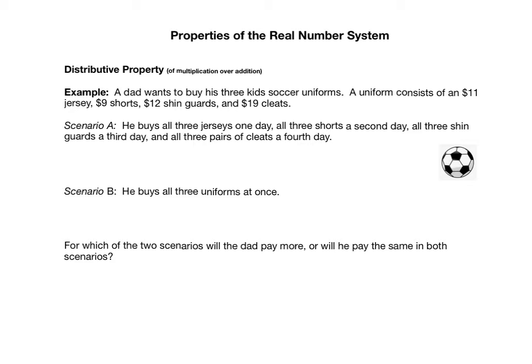In scenario A, he buys all 3 jerseys one day, so he's going to have to pay $11 3 times, so 3 times 11. And then on the second day, he's going to buy 3 shorts, and the shorts are each $9, so he's going to have to pay 3 times $9. Plus on the third day, he's going to have to buy 3 shin guards each at $12 a piece.